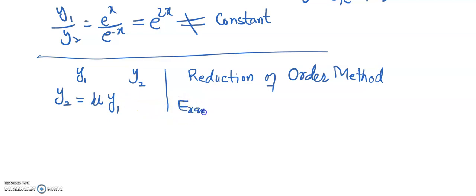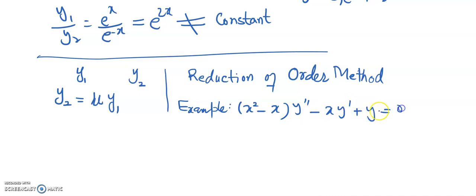So let's take an example. Suppose the differential equation is x square minus x times y double prime minus x y prime plus y is equal to 0. Suppose we know one solution, y1 is equal to x.